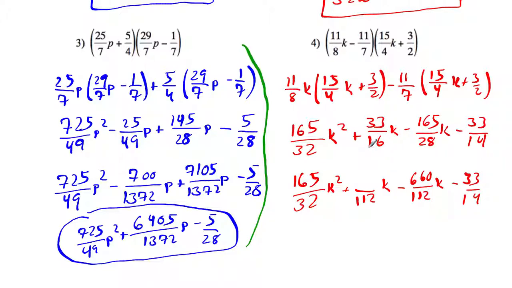So I do 33 times 8, which is 264. And so now I have 264 minus 660 in my numerators. So that's going to be a minus 396 over 112k, for 165 over 32k squared minus 33 over 14.